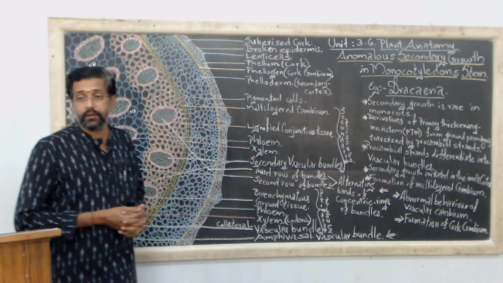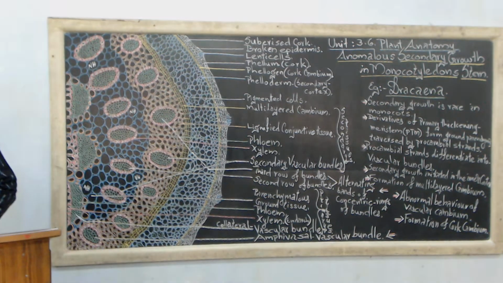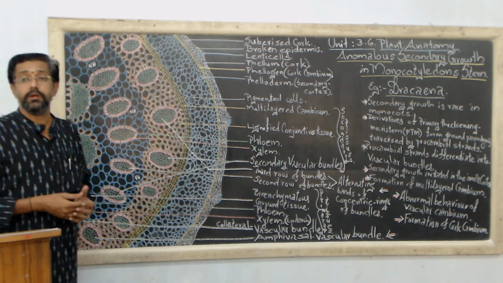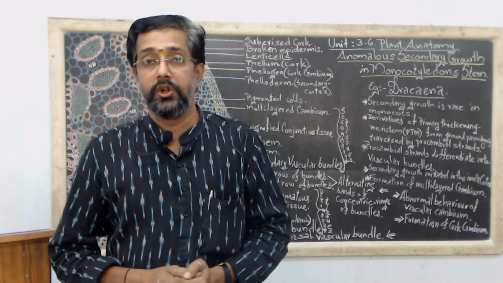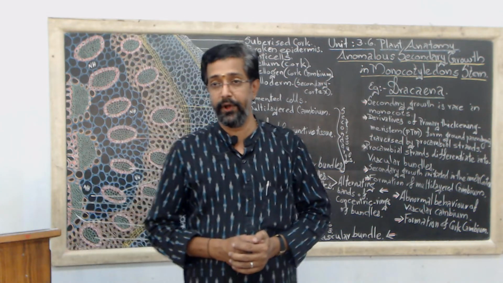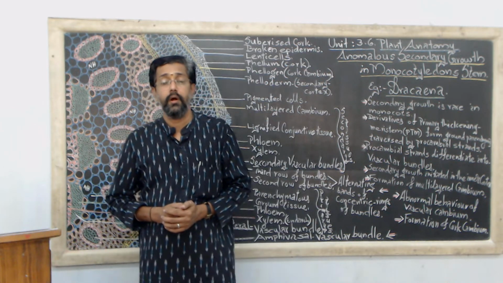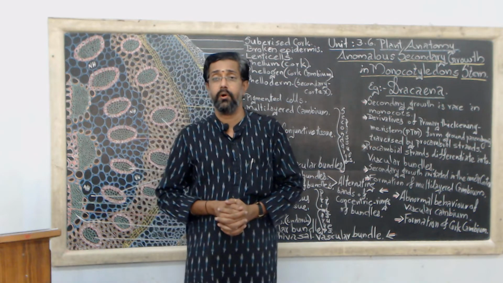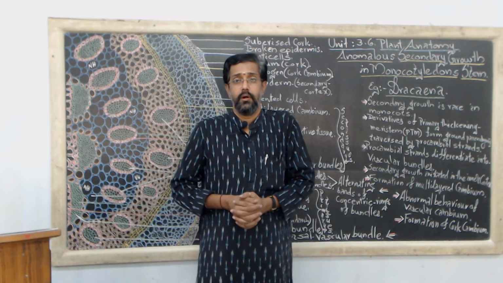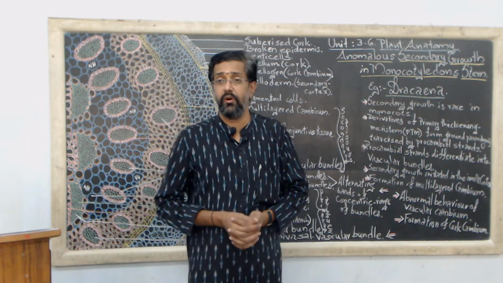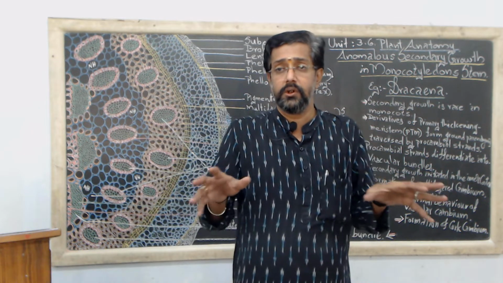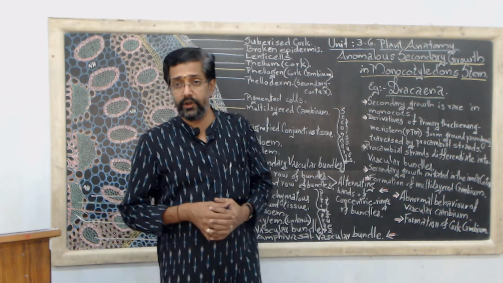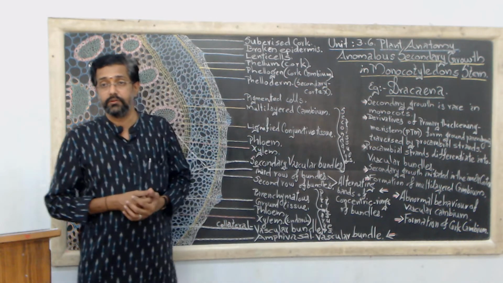And here in Dracaena, we can see a closed primary vascular bundle showing both the xylem and phloem, and numerous such closed collateral bundles disposed inside the ground tissue in the young condition.